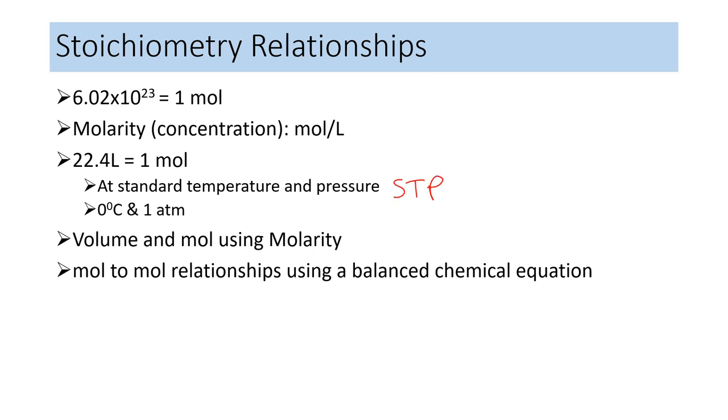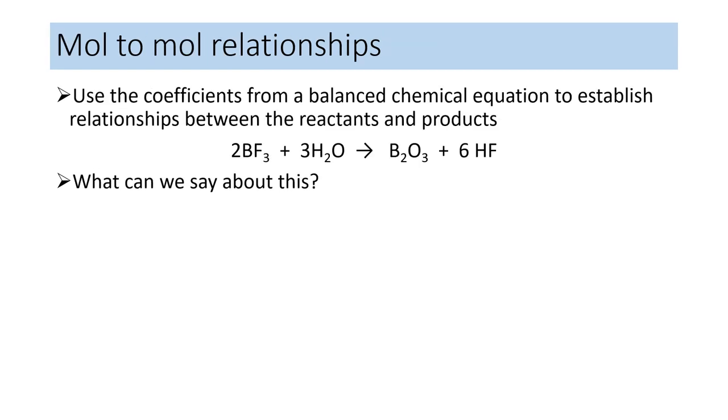We can relate volume and moles using molarity, mole-to-mole relationships using a balanced chemical equation. One thing you should see here is that mole is the central. When you're thinking about stoichiometry, you should be thinking to yourself, how do I get to moles? So, how do we get to moles? What is the mole-to-mole relationship?